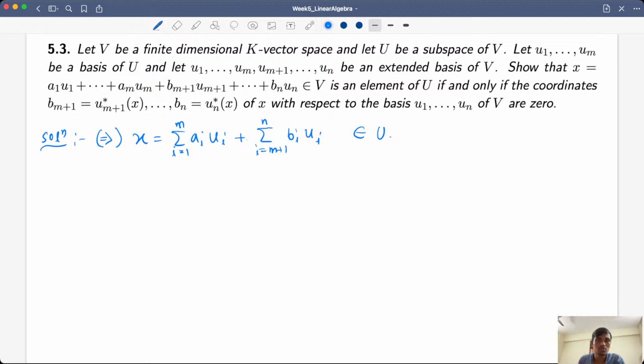Now you need to show that bm plus 1, bm plus 2, all up to bn are 0.